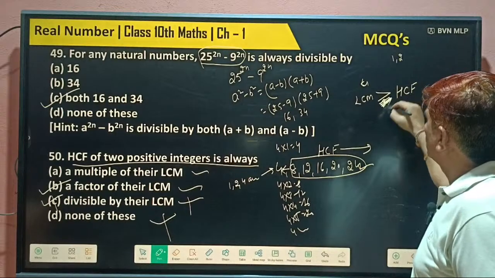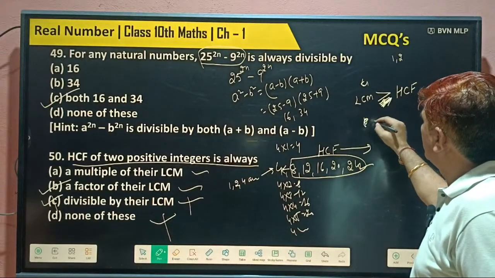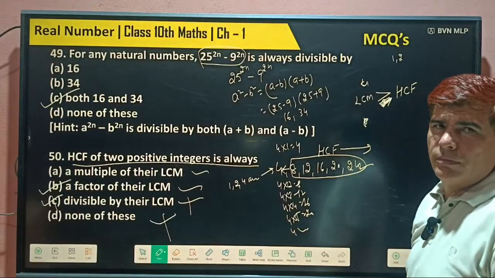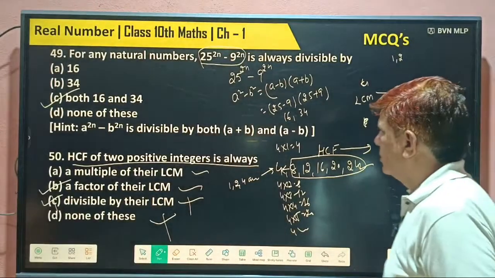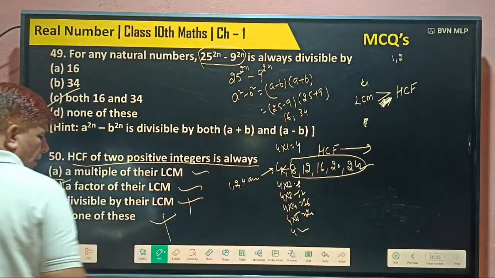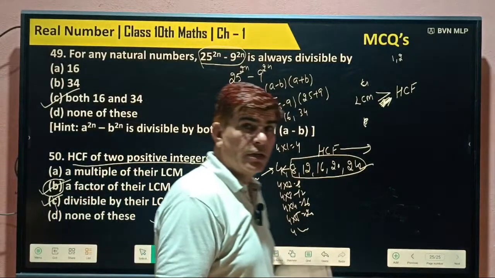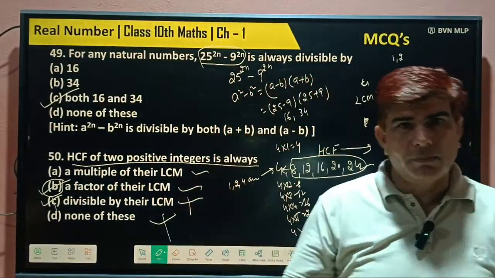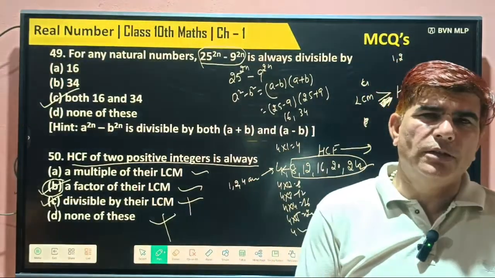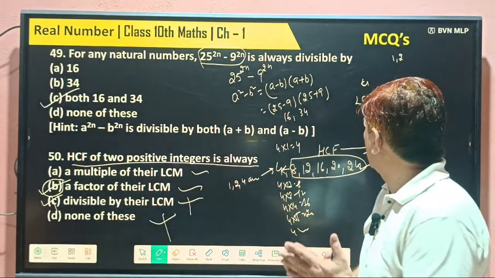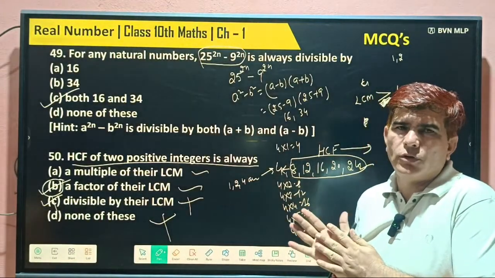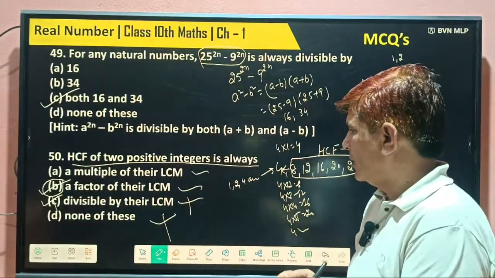So the equal to sign is also not coming, and LCM is always greater than their HCF. Understood? So it's a factor of it. And if a number is less than the given number and divides that number, then definitely that number is a factor of it. It means HCF is always less than the LCM, so definitely it is a factor of it.